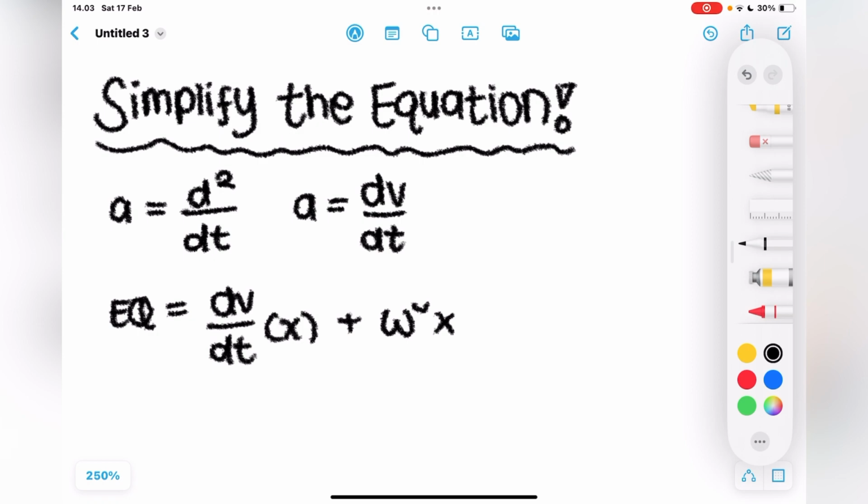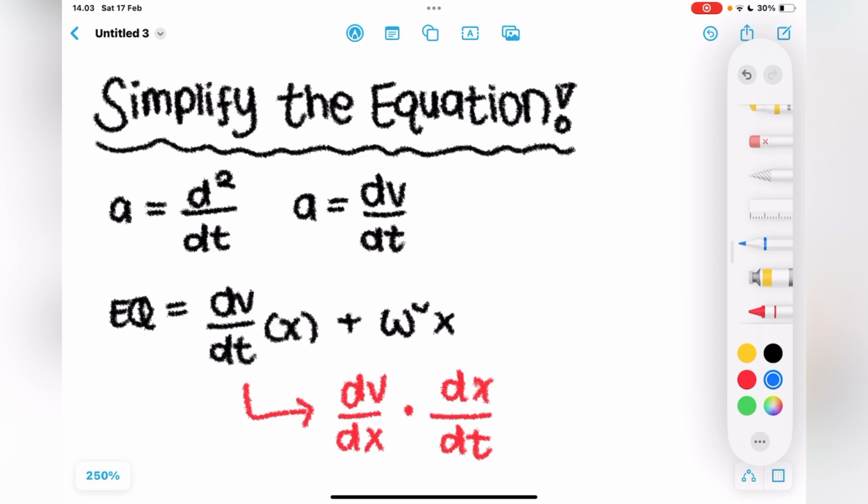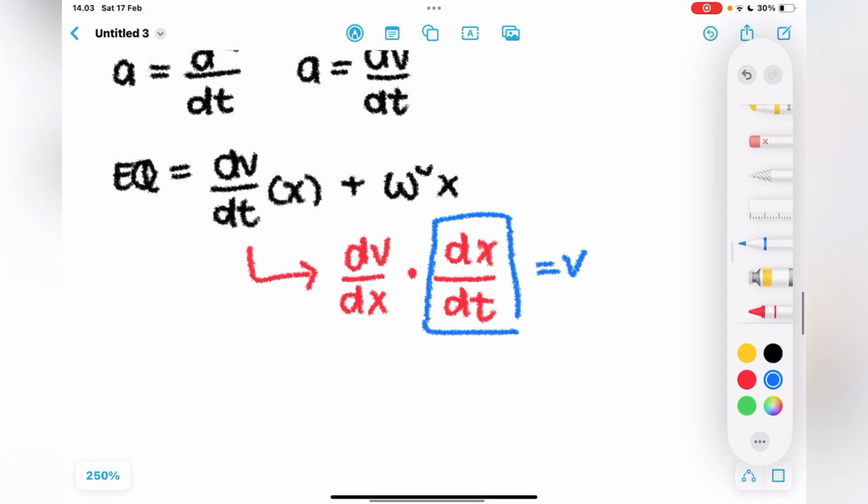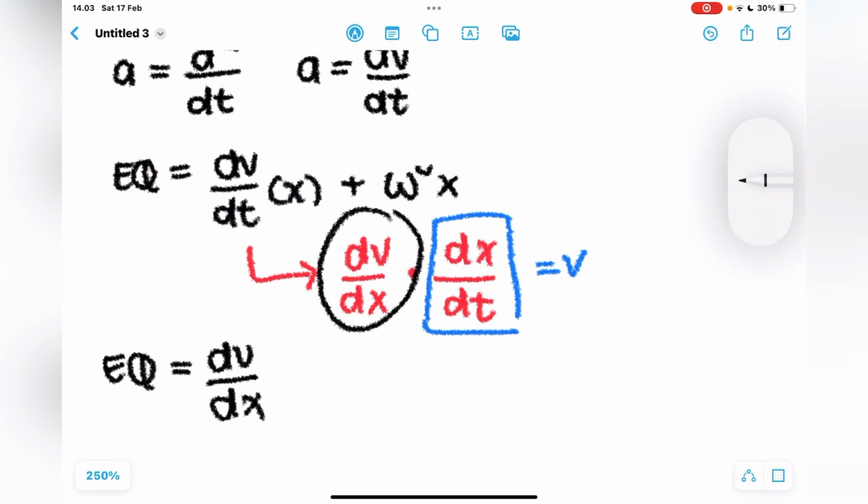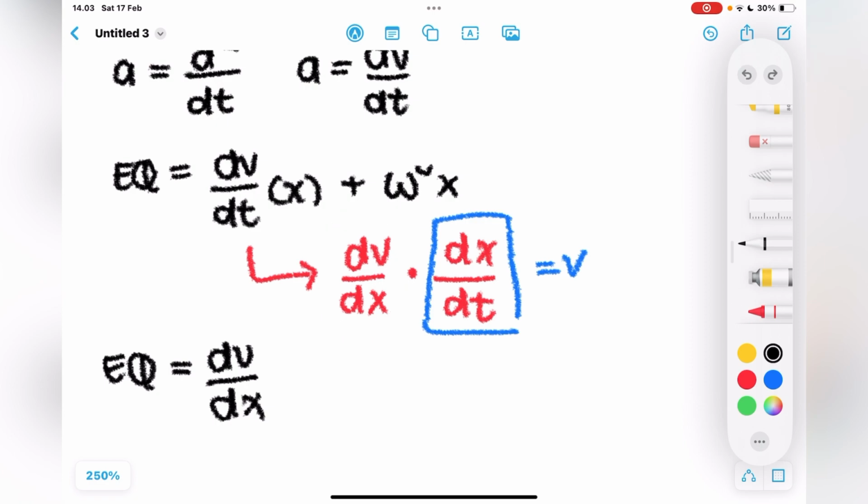Now here, we need to use the chain rule for this part. So this is going to be dv over dx times dx over dt. Now, we should also know that dx over dt is equal to v. So if we plug this in again to the equation, it's going to be dv over dx times v plus omega squared x.